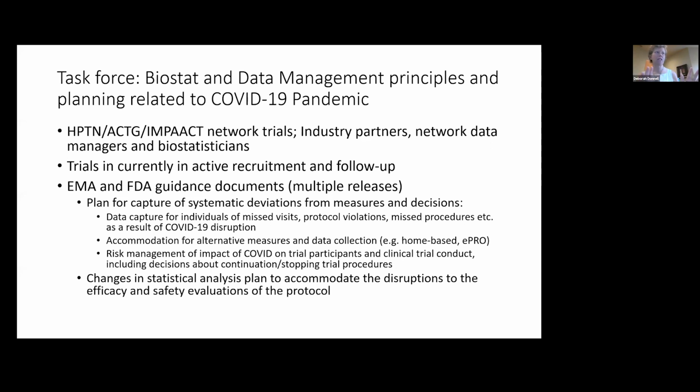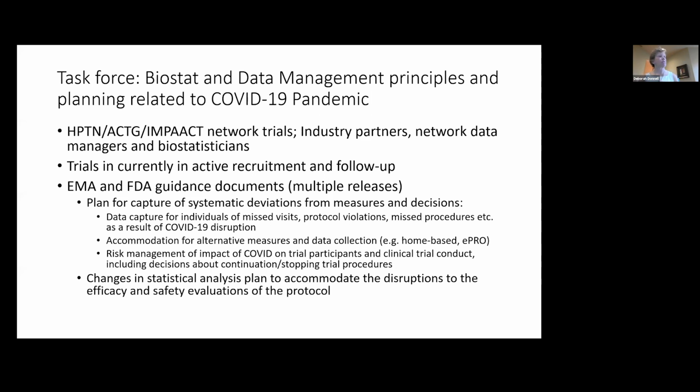So one section of this task force is about what data capture we are doing for people who are missing visits, having protocol violations, missing procedures as a result of the COVID disruption. In what ways should you be accommodating alternative measures and data collection? And much of this is, can we do it in the home? Can we use ePRO, or do we need to stop?